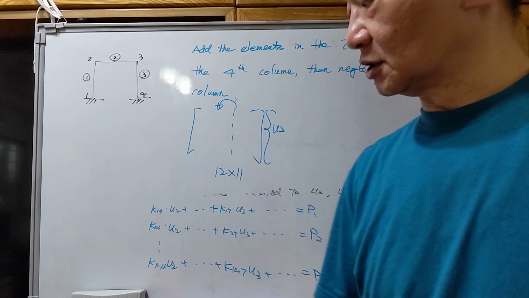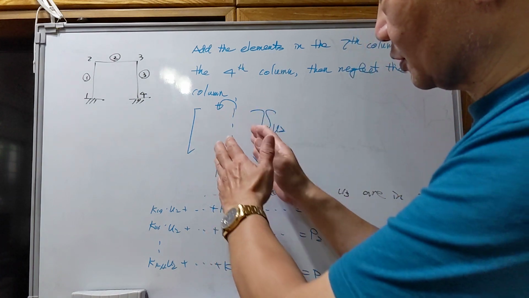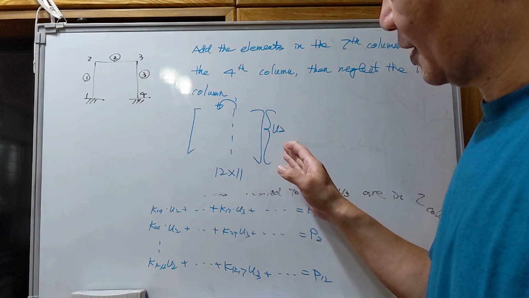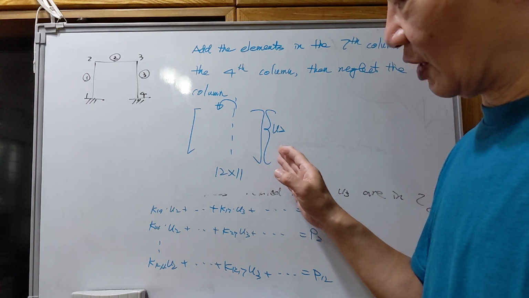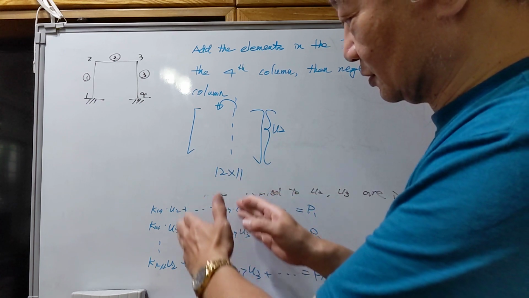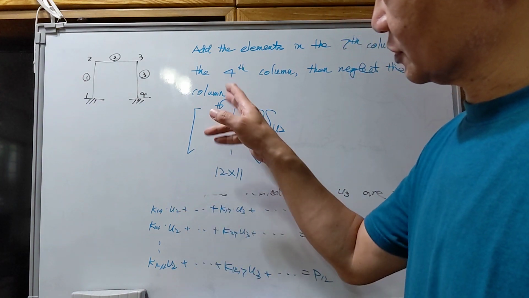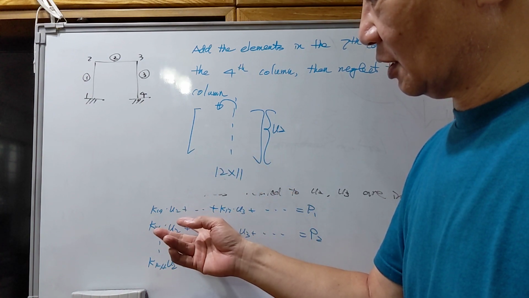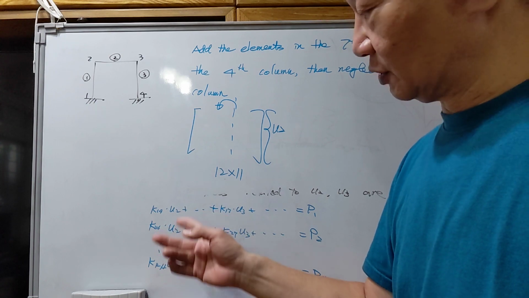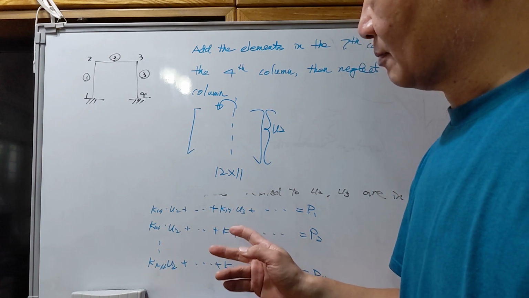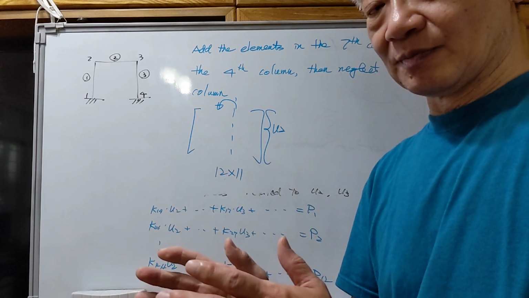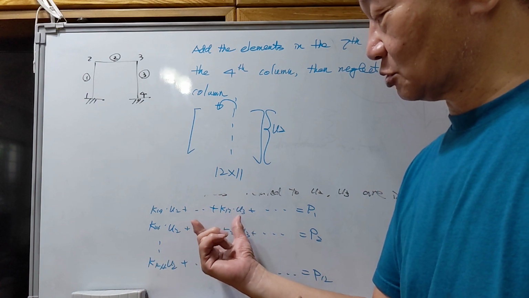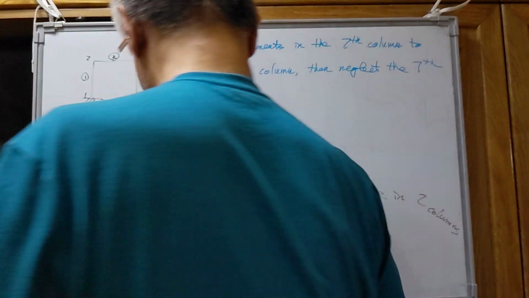the kinematic conditions. So in the global stiffness matrix multiplied by the global displacement vector, we will find there are two columns of the stiffness matrix. They are multiplied. Initially, they are different, U2 and U3. But based on the kinematic conditions, we know these two are the same.